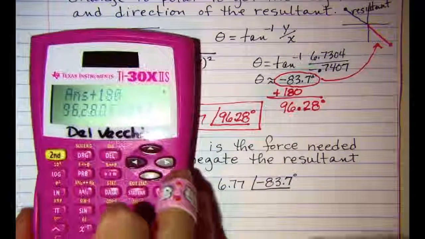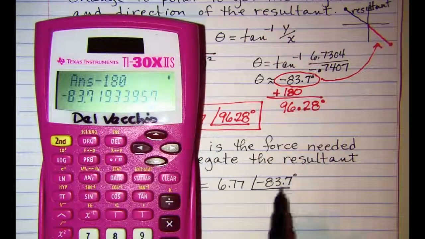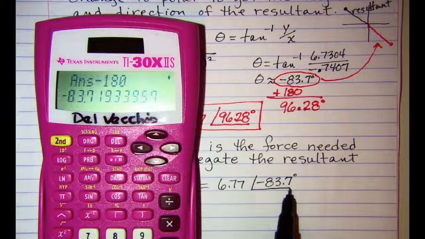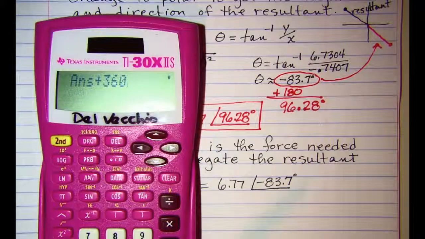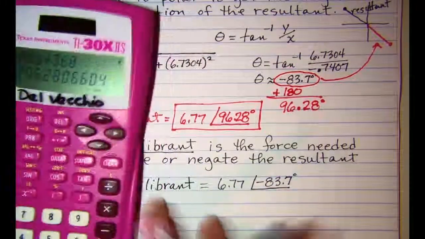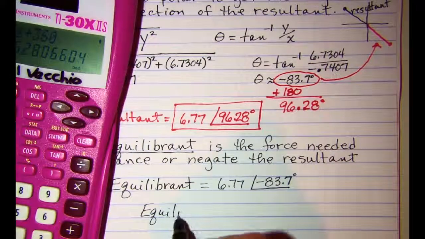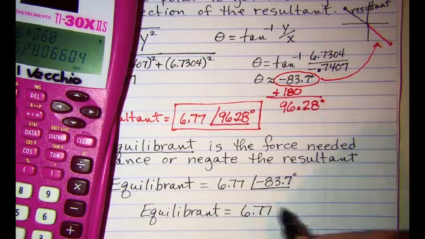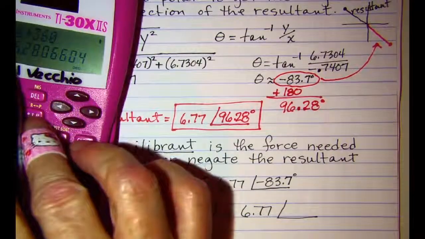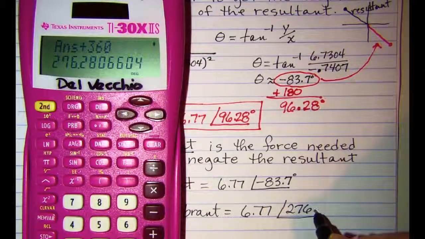So to change this negative 83.7 to a positive angle, we can just add 360. So our equilibrant is 6.77 at 276.28.